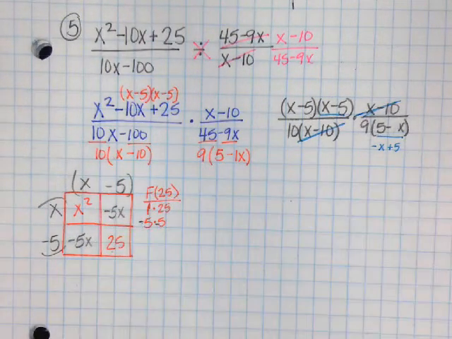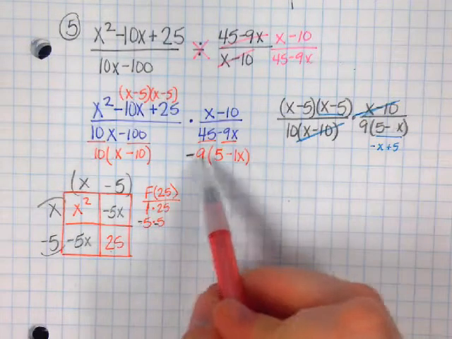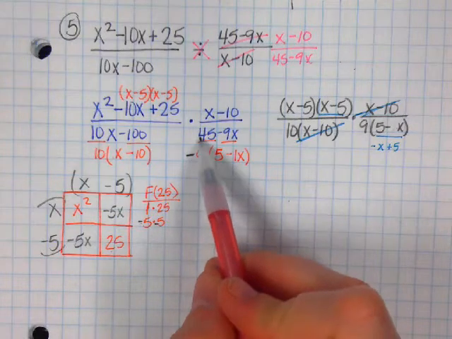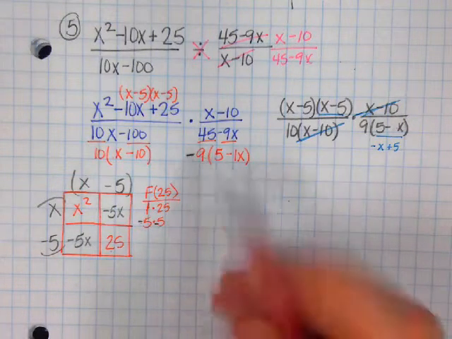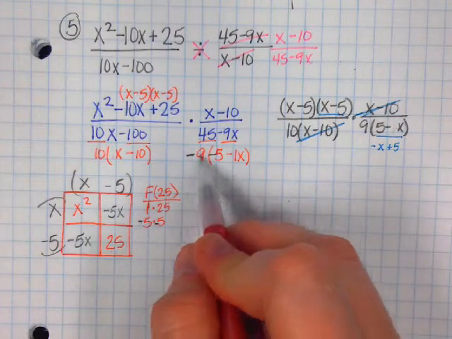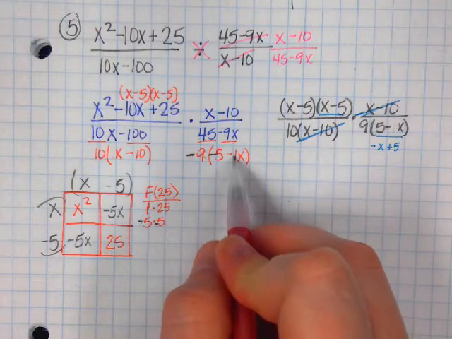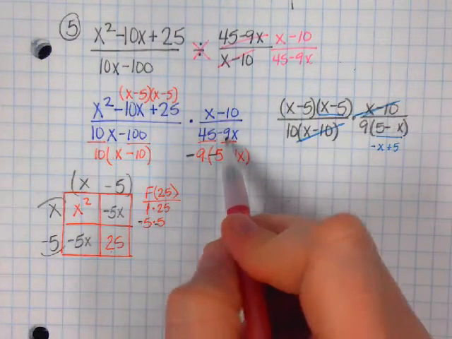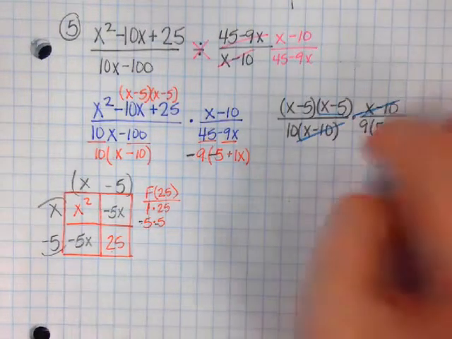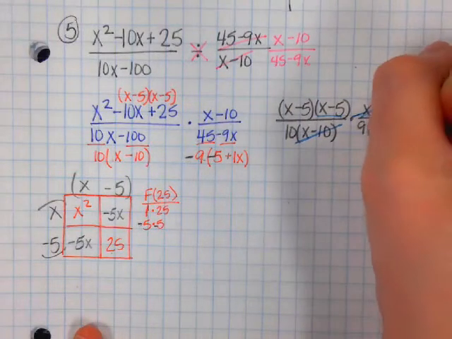It's getting closer. We don't like having these leading coefficients. So when I did this step back here, it would have been best if I would have factored out a negative 9. So a negative 9 times what gives you 45? Well, in order for it to be a positive number in the end, it would have to be a negative times a negative. So we're going to make it a negative 5. And then a negative 9 times what gives you negative 9x? Well, negative 9 times positive 1 would give you negative 9, and then times x.